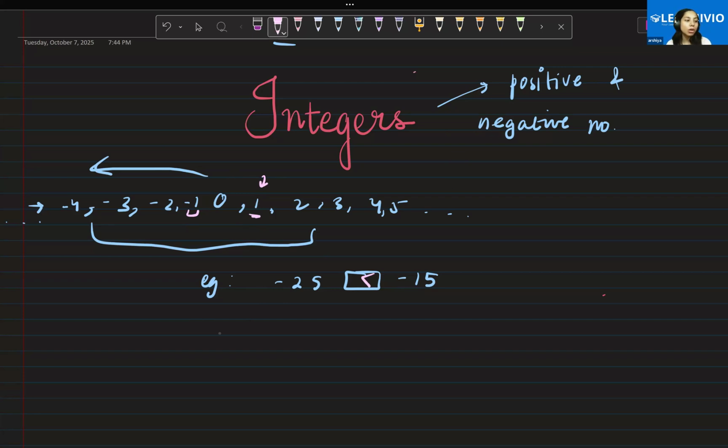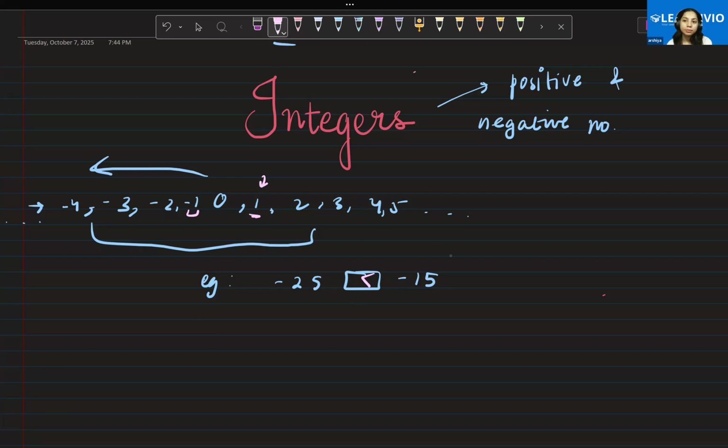So now, do you guys know how to add integers? Have you done that before? Addition or subtraction of integers? Ma'am, are you talking about in number line? Other than number line. Without number line.